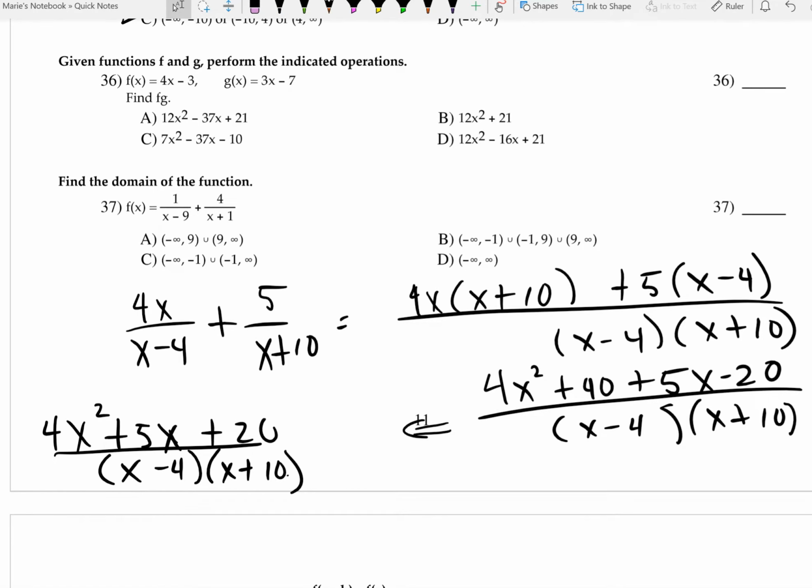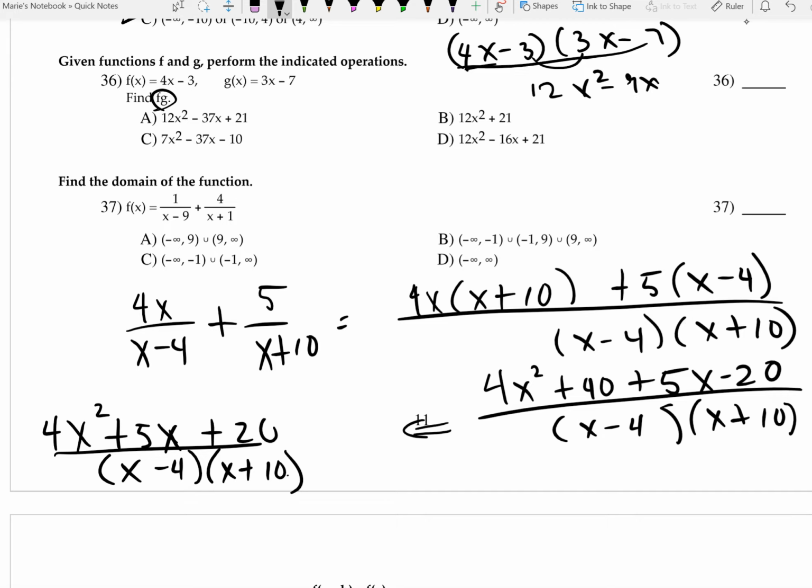For 36, we're multiplying, basically FOIL, because it's FG, which means F times G. So basically 4x minus 3 times 3x minus 7, a little bit of math. This times this is 12x squared. Inner terms, negative 9x. Outer term, negative 28x.